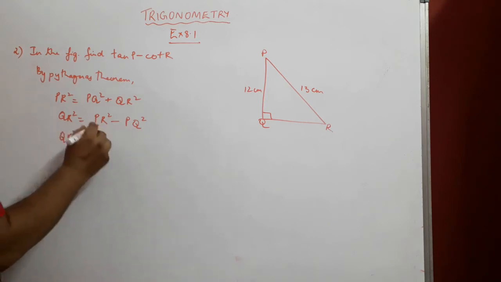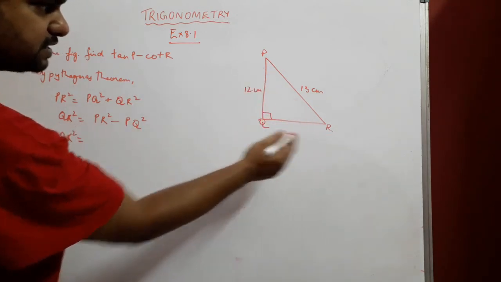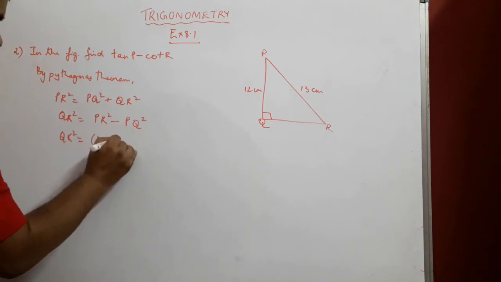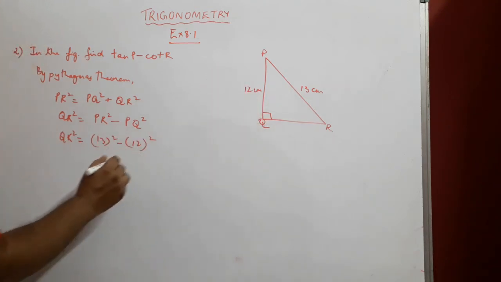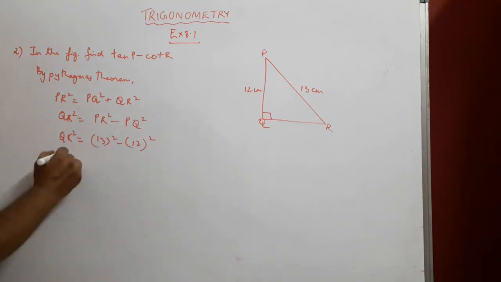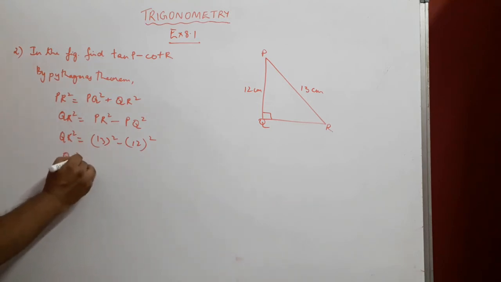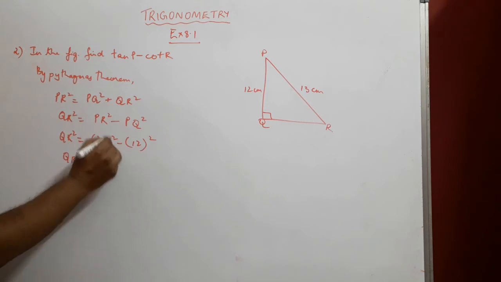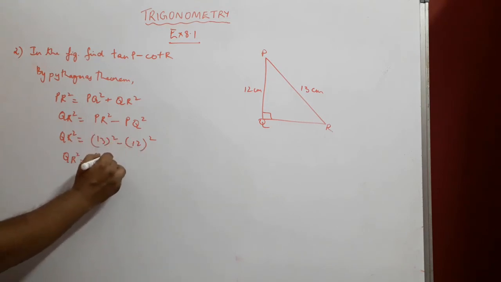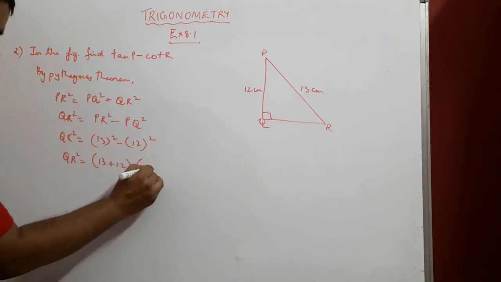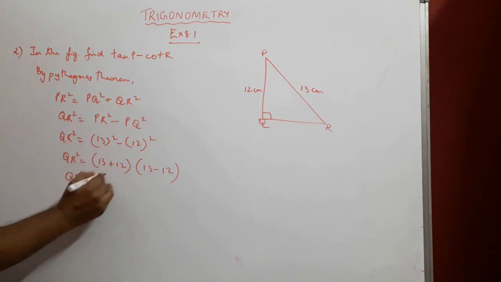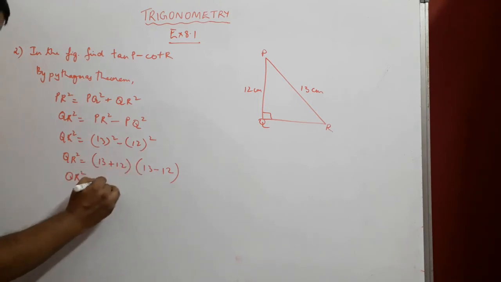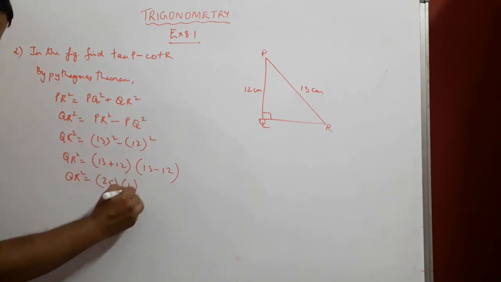Repeat, QR square. PR is given as 13 and PQ is given as 12. So 13 square minus 12 square. There is another way we can do this. This is A square minus B square, so A plus B into A minus B, and we will get 13 plus 12 is 25 into 1.